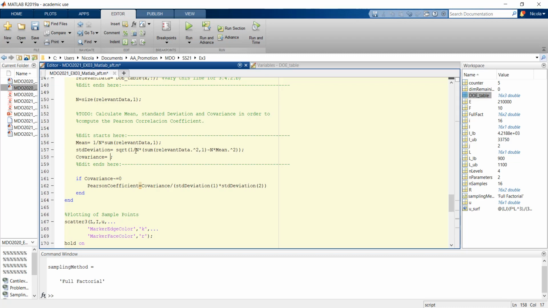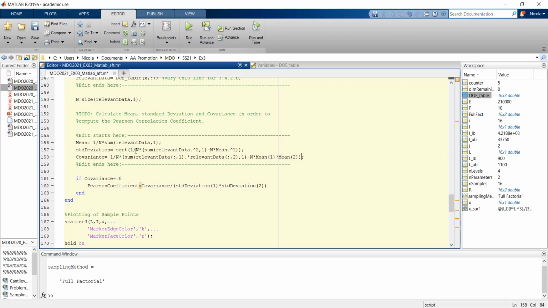And for the covariance, we have to take the sum of y times x, so pointwise multiplying those two columns, and that's the sum, and then we have to subtract the mean of y times the mean of x.